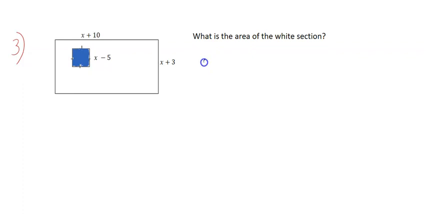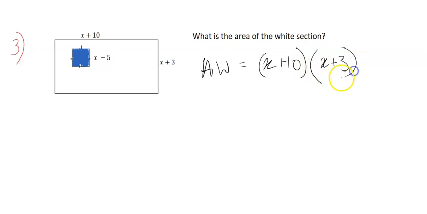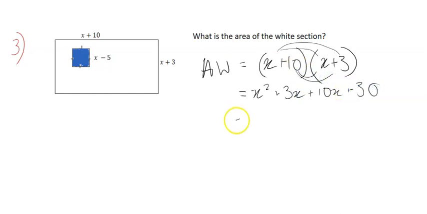So I'm going to start with the area of the white section, and I'll just code it like that. I know that I need to do x plus 10 multiplied by x plus 3, okay?